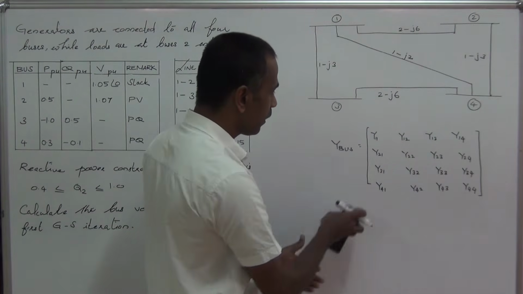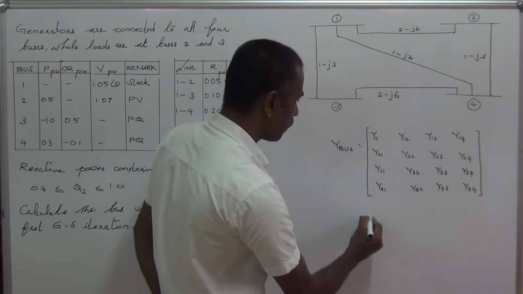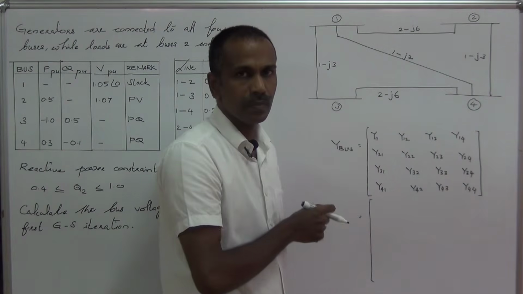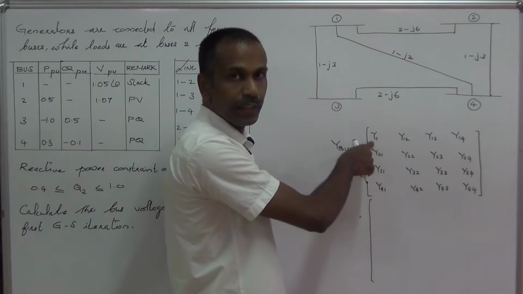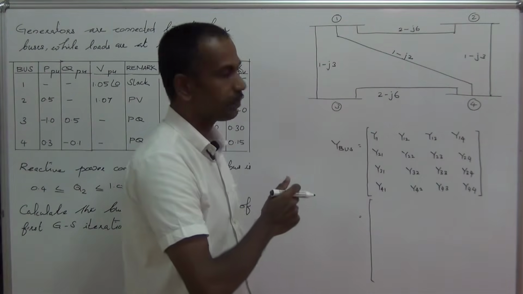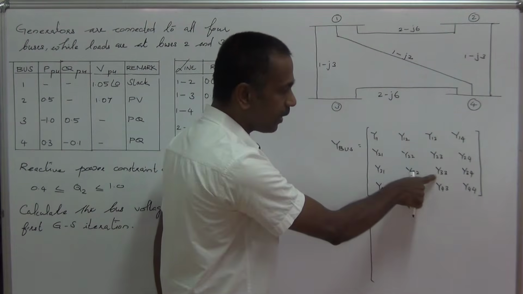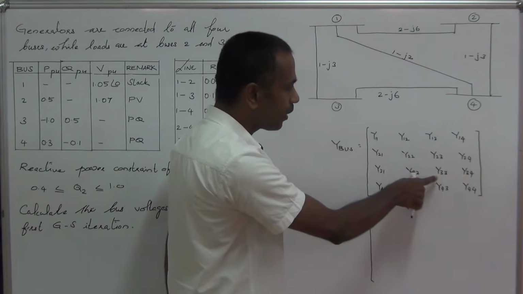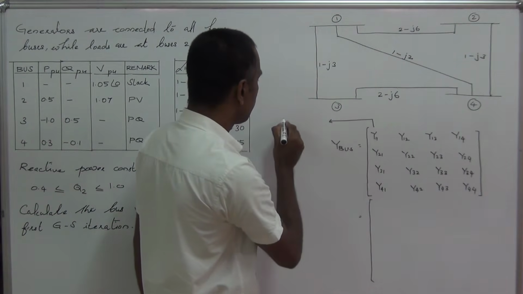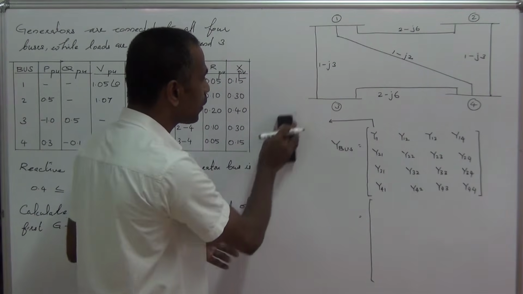Now let us find out the elements in the Y bus. What is Y11? It is the total admittance connected to the first bus. So these are the 3 lines connected to the first bus. This is how we find out the diagonal elements. Y33 is the total admittance connected to the third bus. So it is the sum of the admittances connected to the first bus.